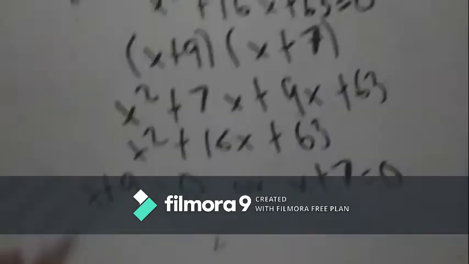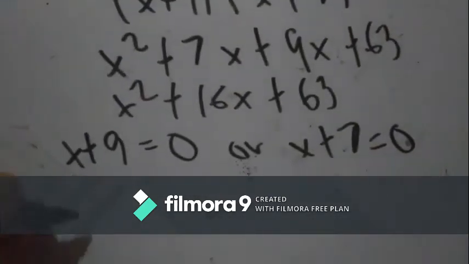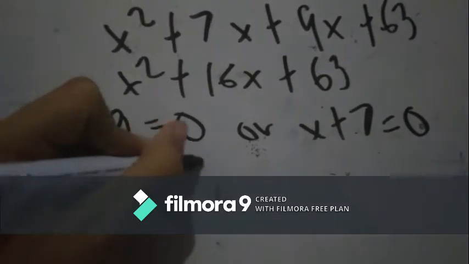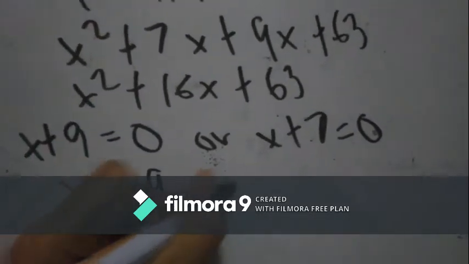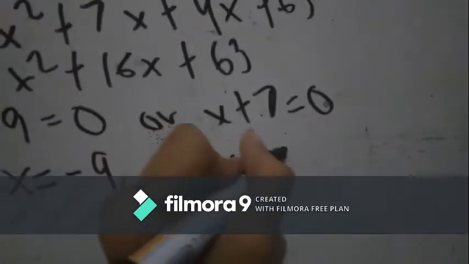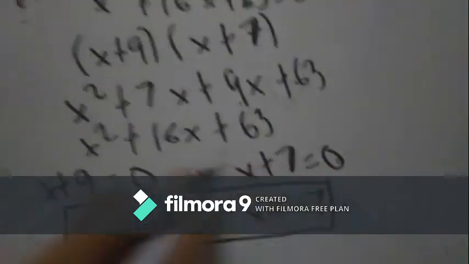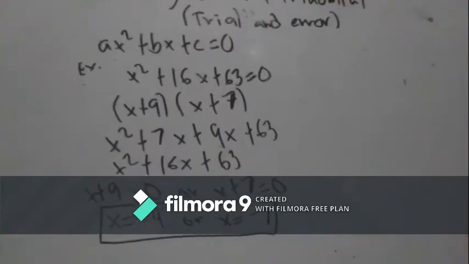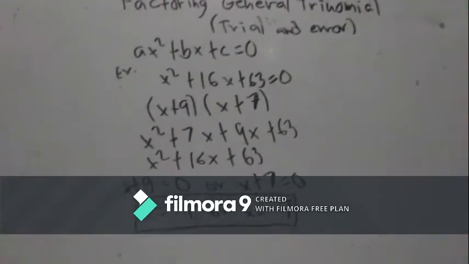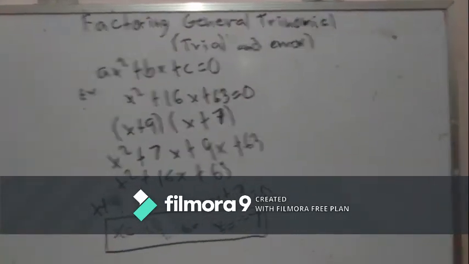And then the final answer will become x equals negative 9 or x equals negative 7. So this is the final answer. So that's how you will answer the general trinomial known as trial and error.